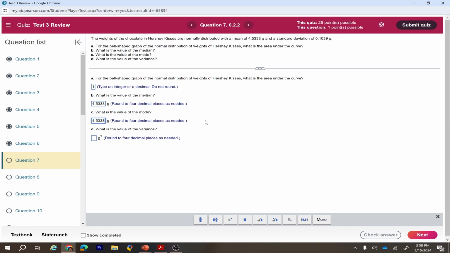Variance is the square of the standard deviation. So the standard deviation is 0.1039. What is the variance?